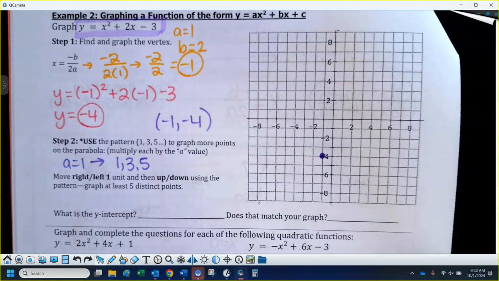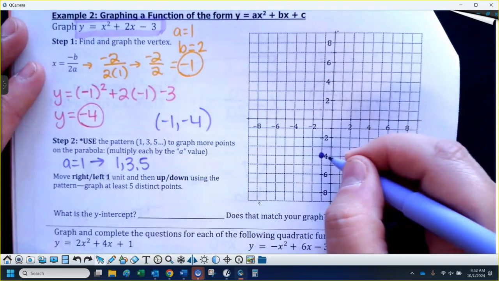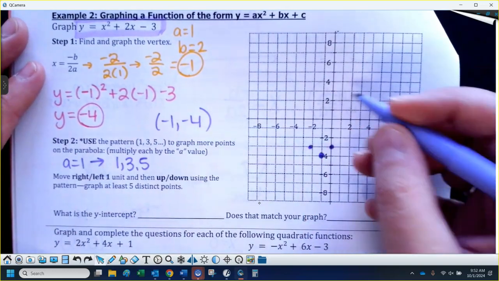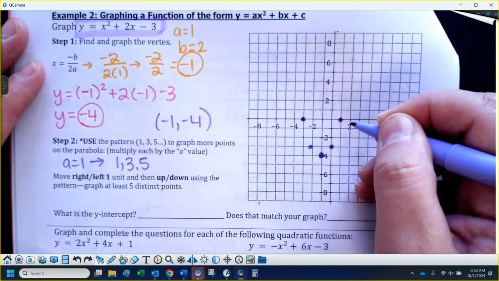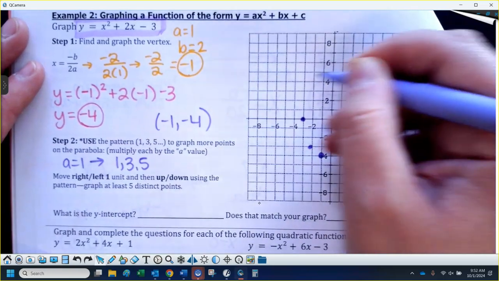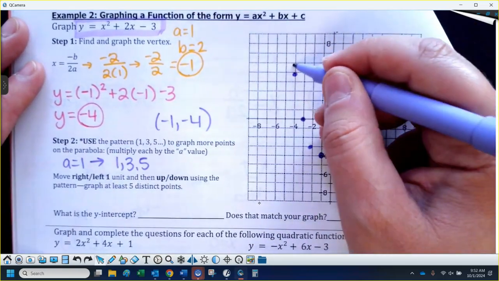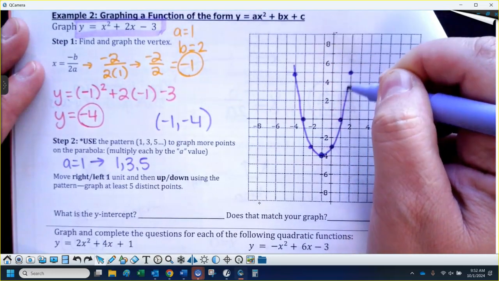You could keep going, but that should be plenty to get a good graph. So on either side, just go over 1, up 1. And then from those 2 points, just over 1, up 3. And it'll fit on this graph, over 1, up 5. And that should give you a really good idea what your parabola looks like.